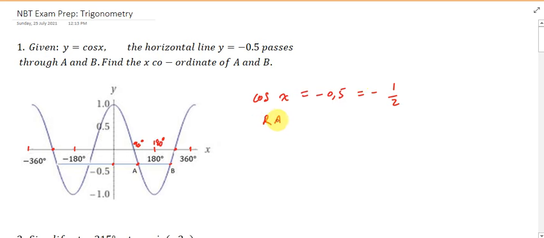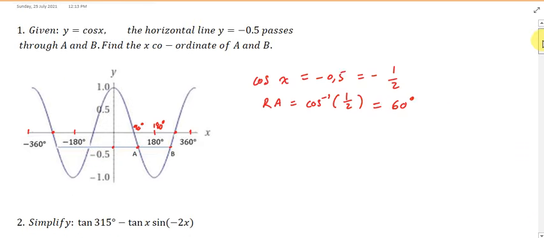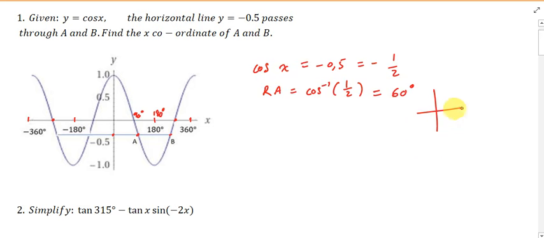So obviously we say the reference angle is equal to cos inverse half. We know that this is a special angle, so that should give us 60 degrees. Now we ask ourselves the question, where is cos negative? In the CAST diagram, cos is negative in the second and third quadrant.